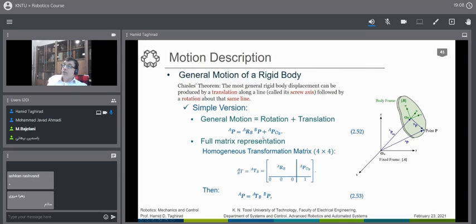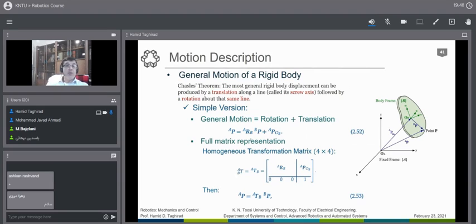That's why P with respect to A is P with respect to B, which is, by the rotation map as we called before, translated into frame A. This is P with respect to B written in frame A, plus the translational motion that we call P_OB with respect to A. So now we can conclude or add the two parts that we discussed last session, the position separately and the orientation separately.